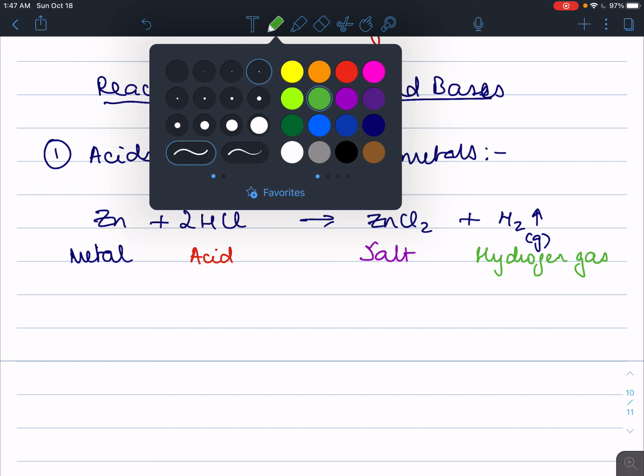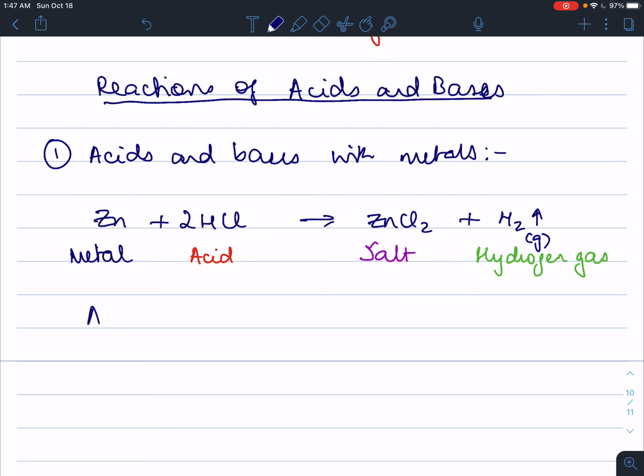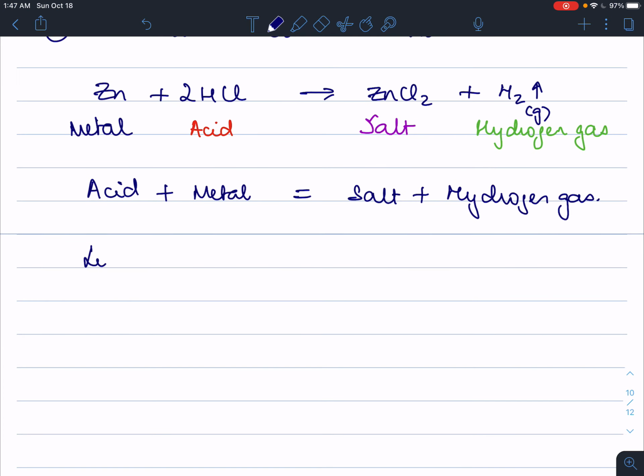So in other words, we can say acid plus metal will give you salt plus hydrogen gas. All right. Now, if you want to know exactly how this happens, you can check out link 1 in the description where they put zinc in hydrochloric acid.